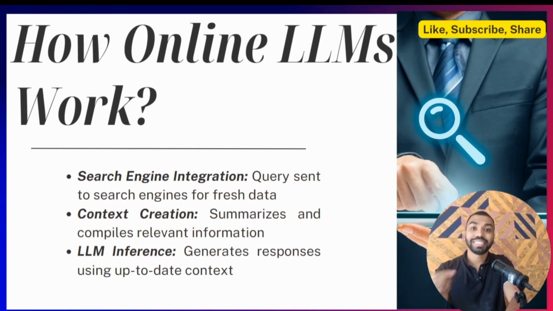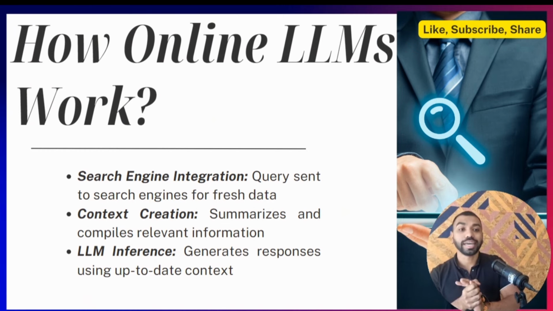Let's dive a little bit deeper. What's really happening when you're sending out a request to the Perplexity API or their servers? Your request is sent. Now they send a query to a search engine to retrieve the relevant web page and information sources, similar to how you do a search in Google. The retrieved information is then summarized and compiled into a context, including details like source URLs, publication dates, and relevant snippets.